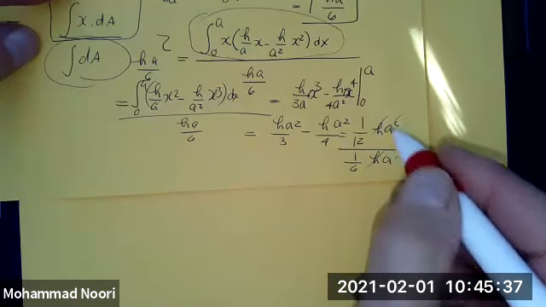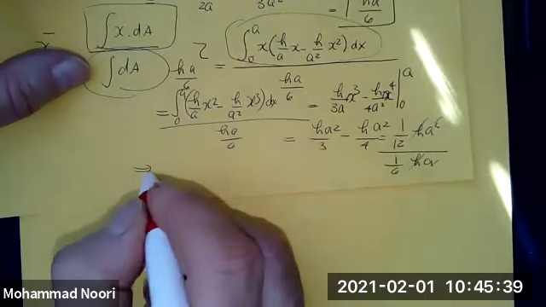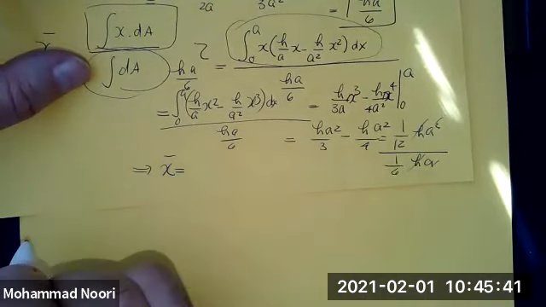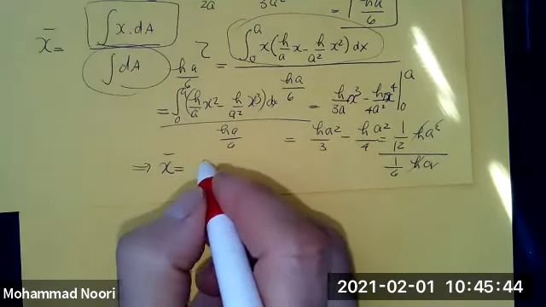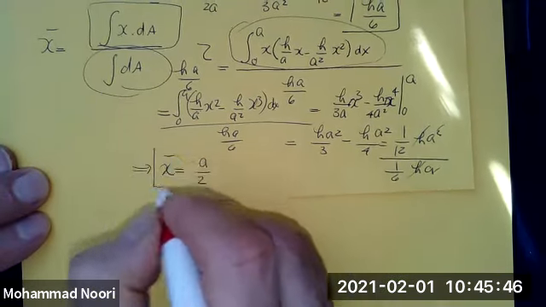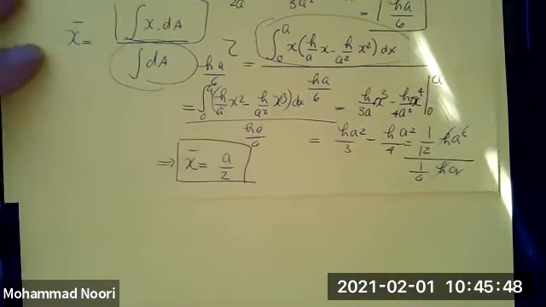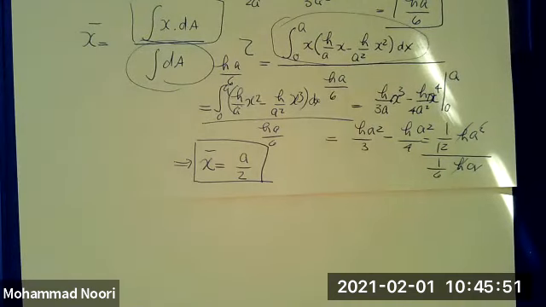This cancels out with that, this cancels out with that, and gives you x bar, which is simply a over 2. Okay, any questions?